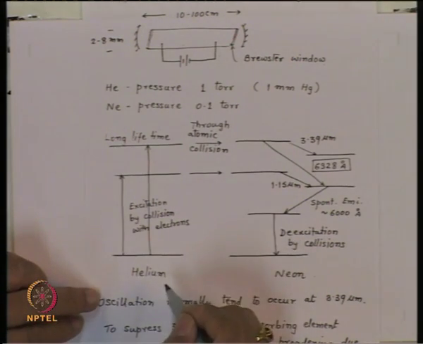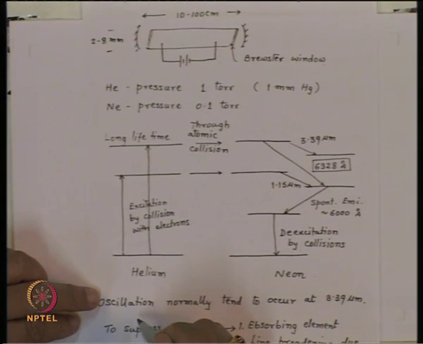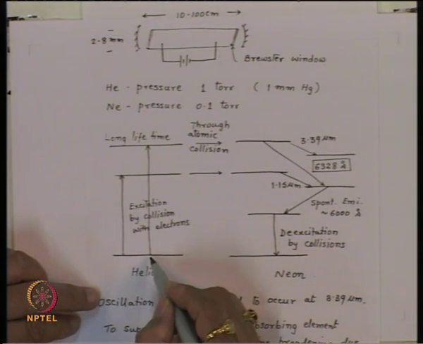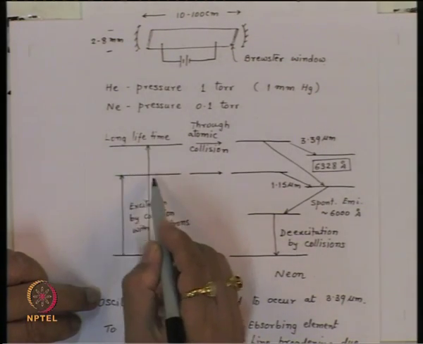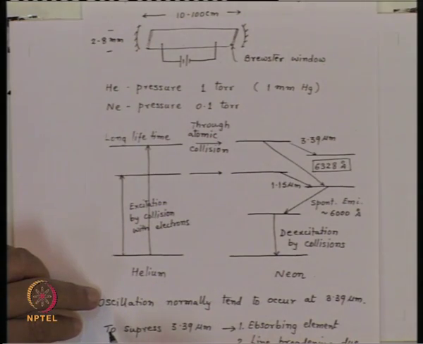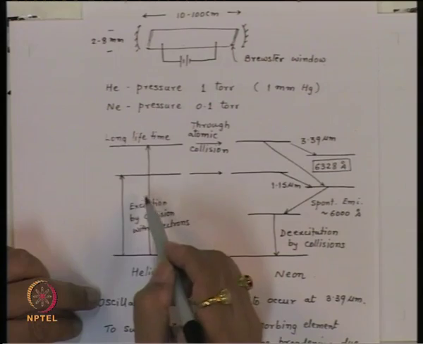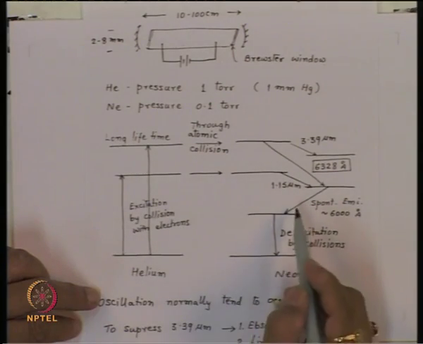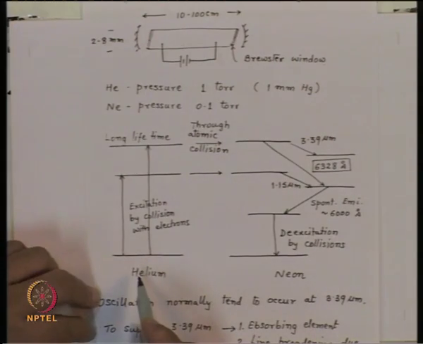So, what the discharge does is essentially supply energy to the helium atoms, and the helium atoms are excited and they have a very long lifetime in these energy levels. But since we are having a mixture of helium and neon, these helium atoms collide with the neon atoms and impart energy to the neon atoms.